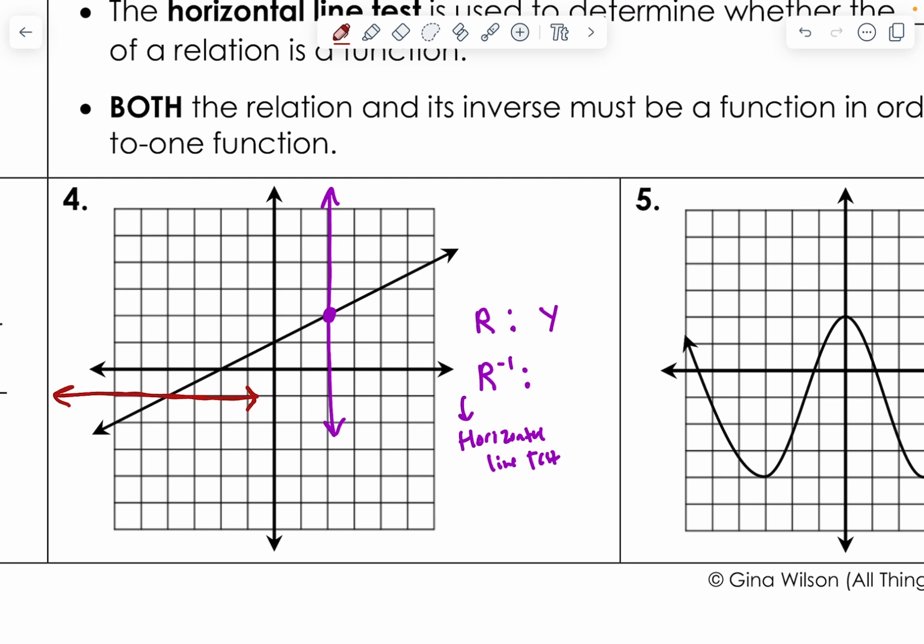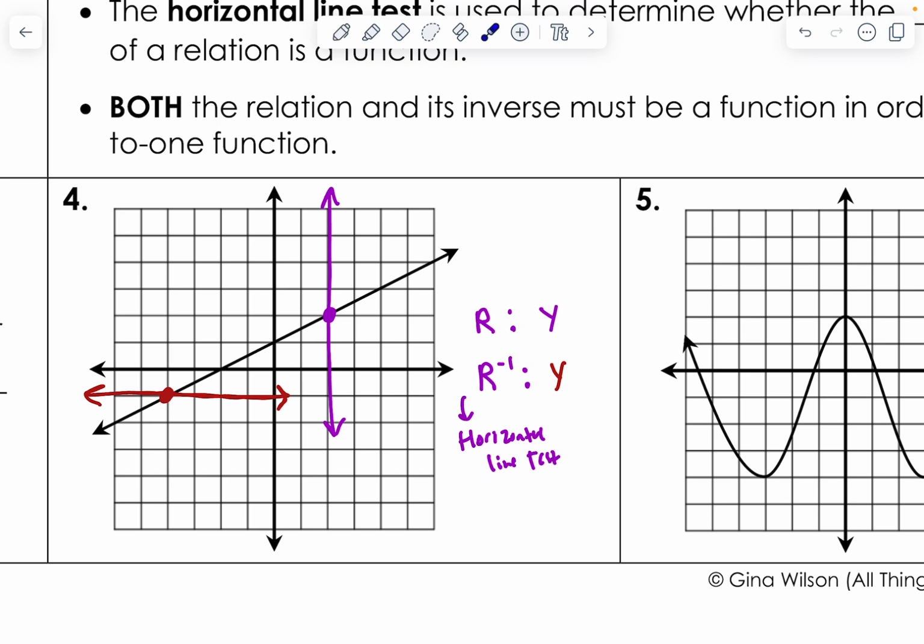And notice here, when I draw in this horizontal line, I only hit it at one point. If I continue to move this horizontal line around this graph, notice that I'll always only hit 1 point on that black line. So because I only hit 1 point, it passes the horizontal line test. Therefore, we'll say that the inverse of this graph is a function. So I'm going to put yes.